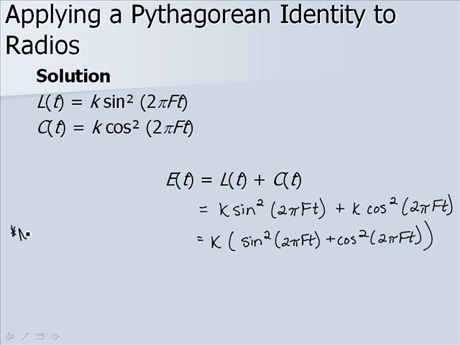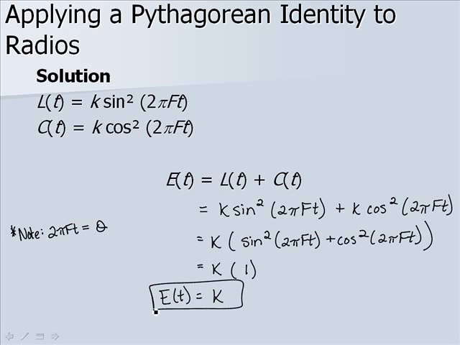Now take note that we will have that 2 pi ft is representing our angle here. So we have k times sine squared plus cosine squared of our angle, and sine squared plus cosine squared is simply 1 using our Pythagorean identity. So we show then that E of t is equal to our constant k, which is what we were asked to show.